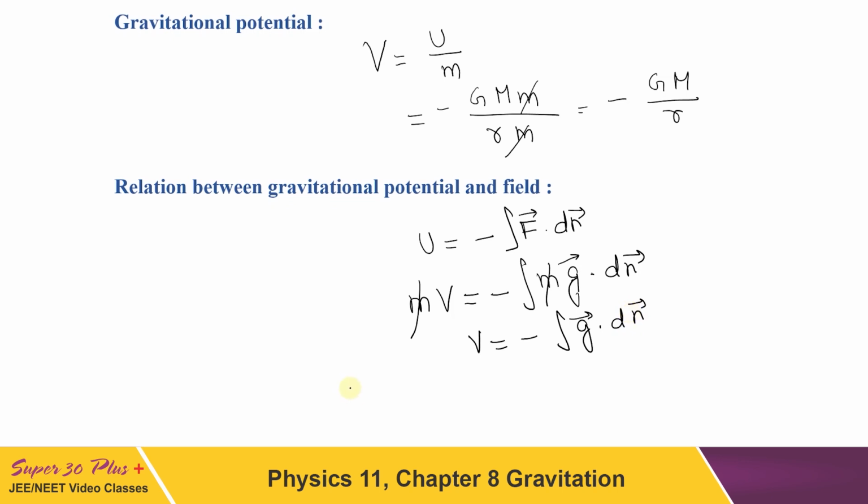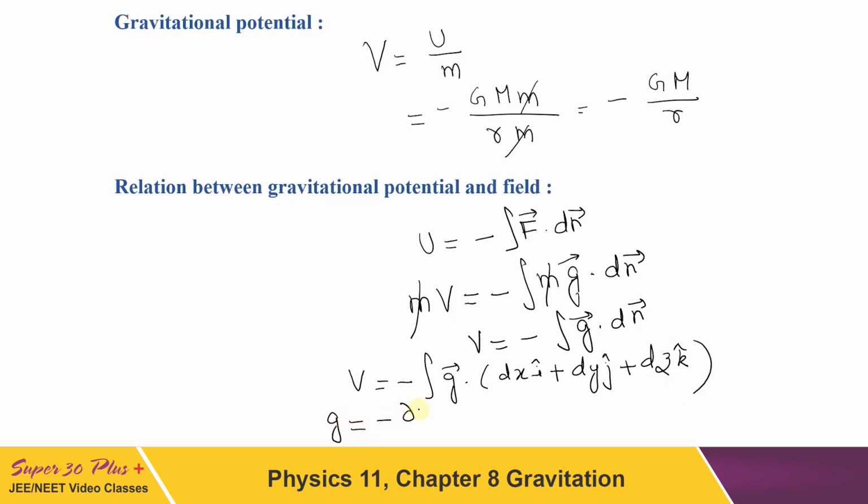Now to solve the question, we have to write V equal to minus the integral of g dot dr, where dr can be written as dx i plus dy j plus dz k. And what if potential is given and we have to calculate g? Then we can write the value of g to be equal to minus del V by del r, which is known as partial differentiation of potential with respect to r.